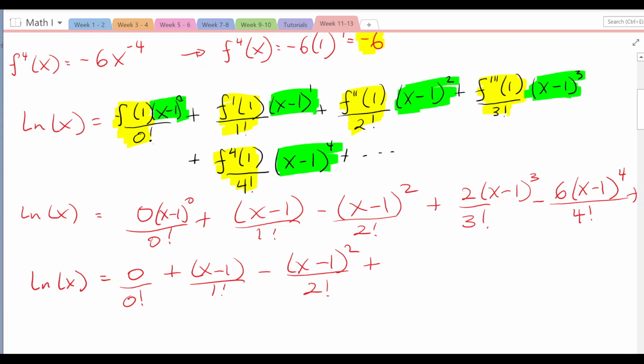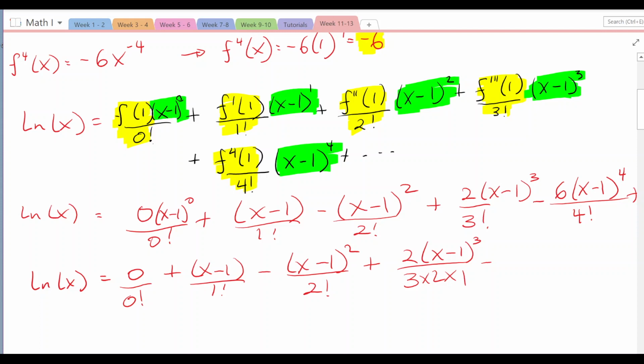Actually, we need to work it out. 2 divided by 3 factorial is, I don't know if you remember, 3 times 2 times 1. Okay. And then x minus 1 to the power of 3.